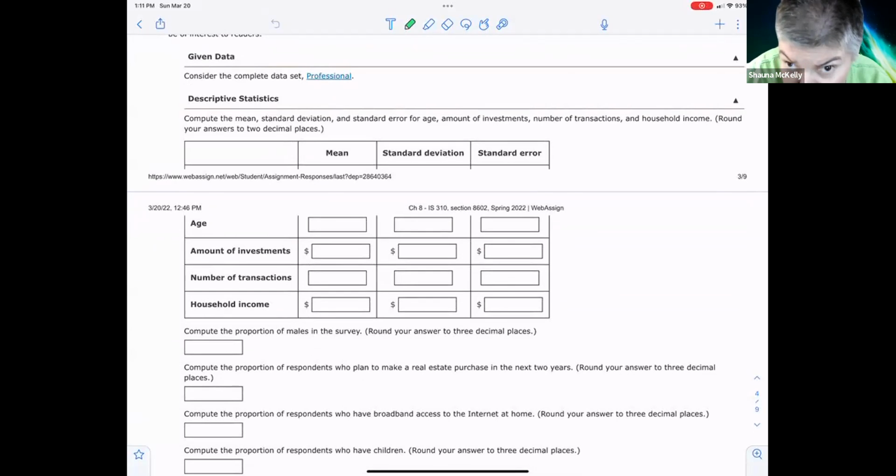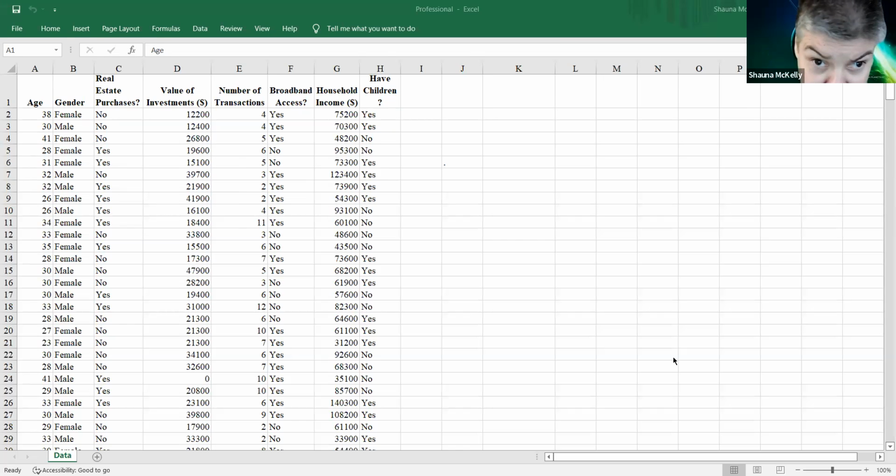So we have age, gender, real estate, value, number of transactions, broadband, household income, and whether or not we have children.